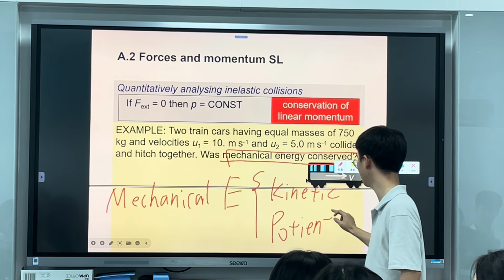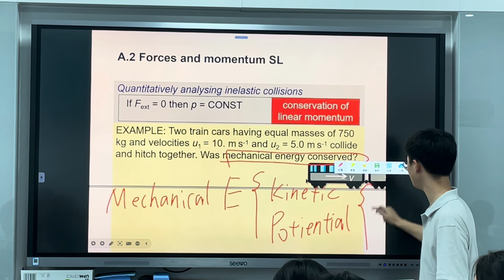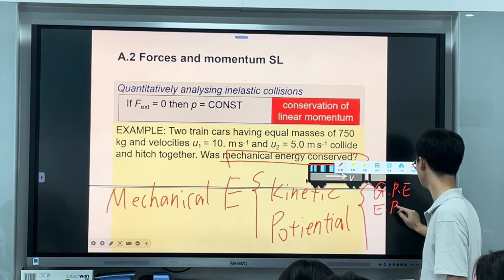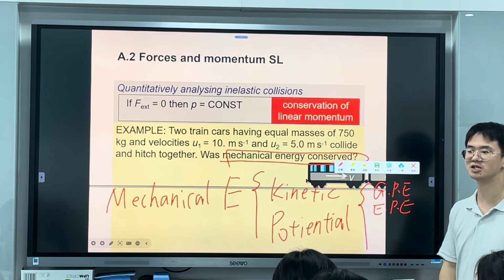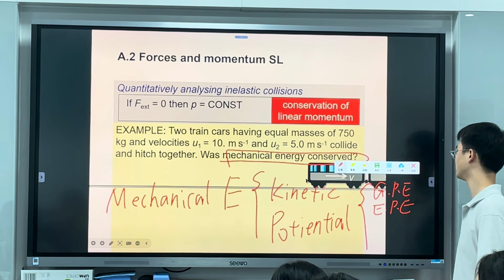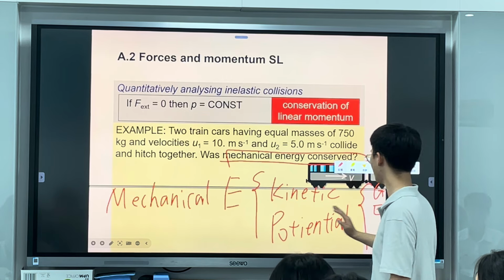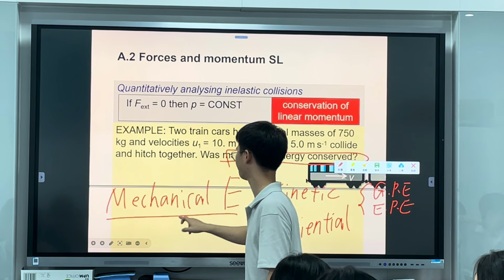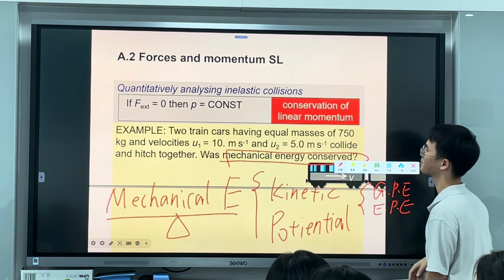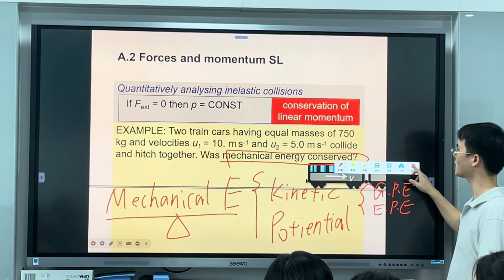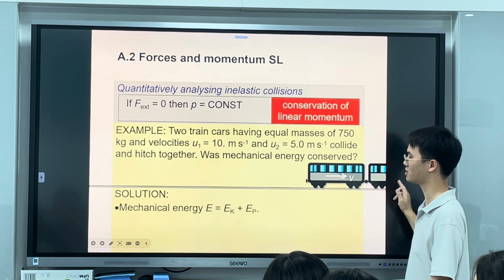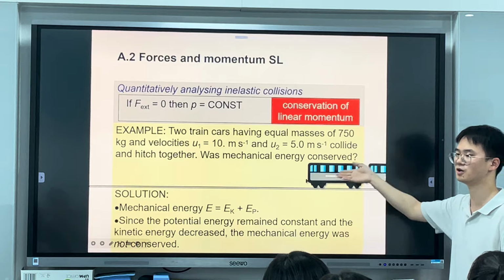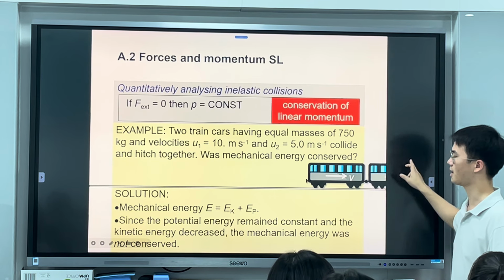Potential energy could be gravitational potential energy, GPE, elastic potential energy, EPE, even electric potential energy. So mechanical energy is not conserved because kinetic energy is not conserved and there is no change in GPE.